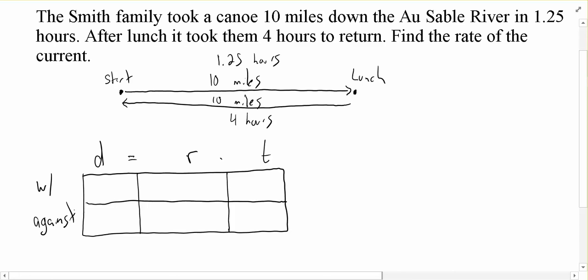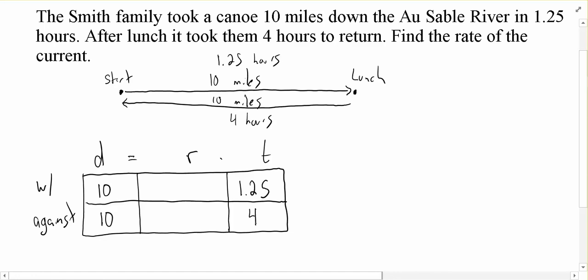As we said, in each way the distance stayed the same. The distance was 10 miles. The time is straight up given to us, so these are numbers that we can just plug in. With the current, it took us 1.25 hours. Against the current, it took us 4 hours.